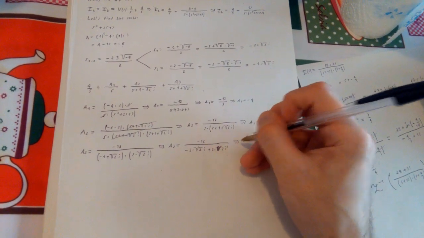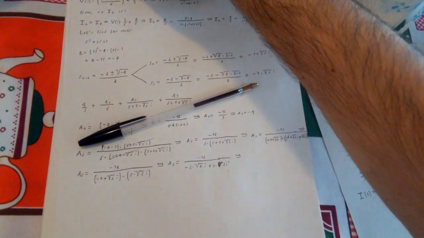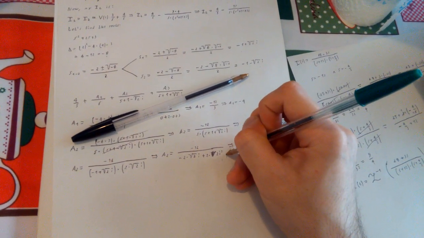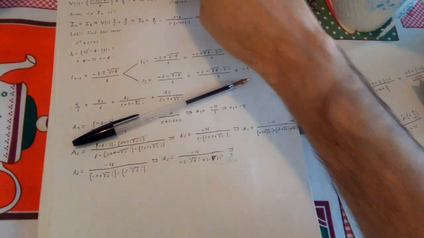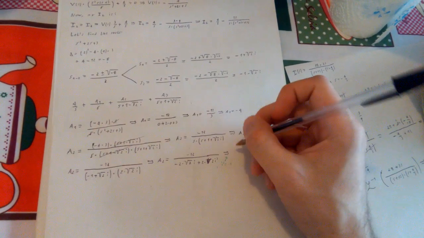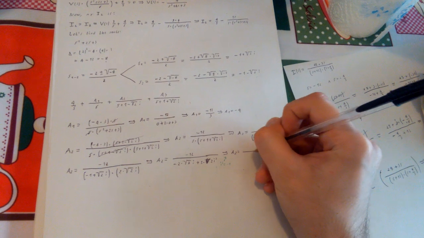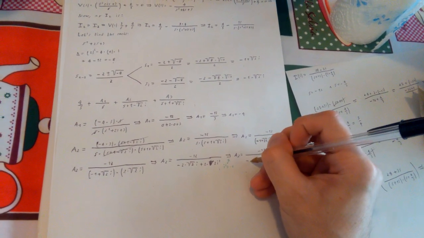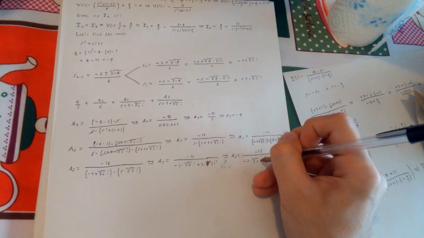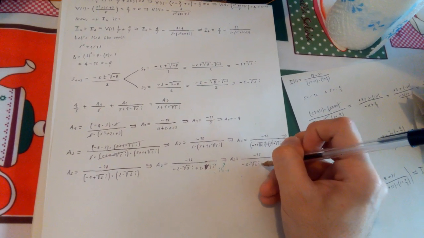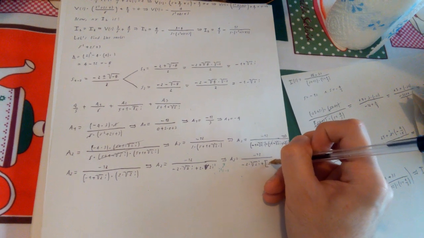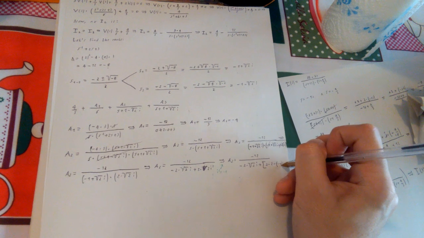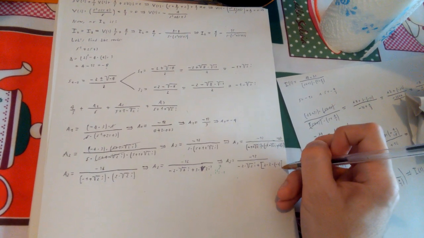So since i squared is actually equal to -1, I get a2 equal to -12 over -2 times square root of 2i plus 2 times 2 times -1 because of the i squared.